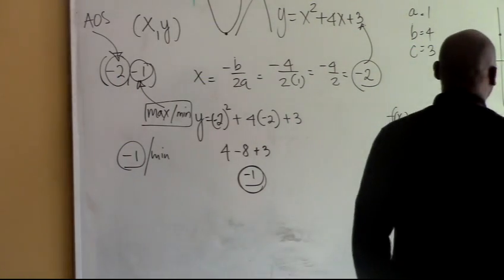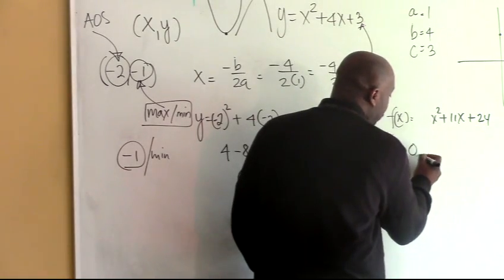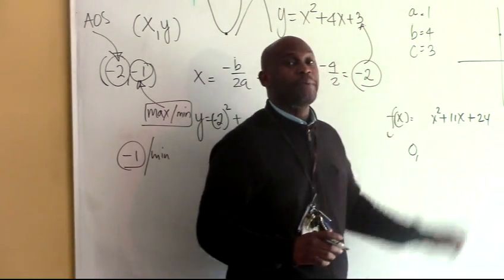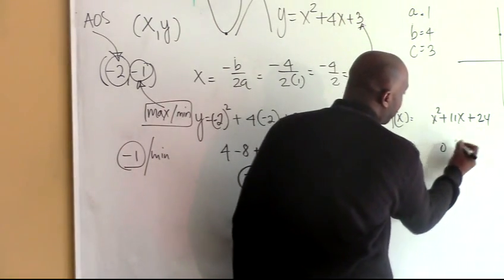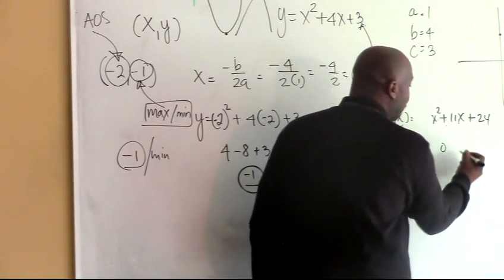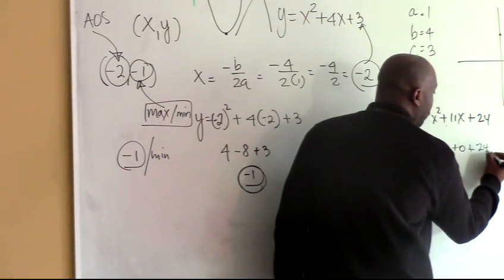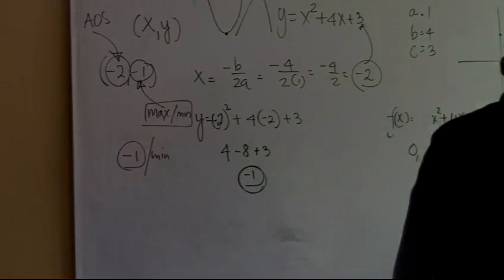So if our x-coordinate is 0, just like with our vertex, and we put 0 into our equation, what will be left? Just the 24, because 0 squared gives us 0, 11 times x gives us 0, and all we have left is the 24. So that's how we're able to calculate our y-intercept.